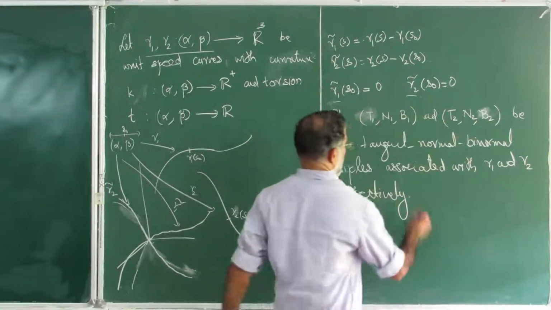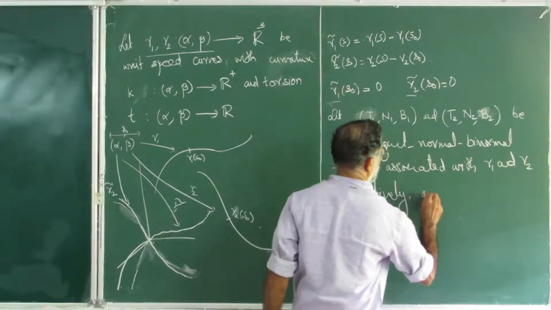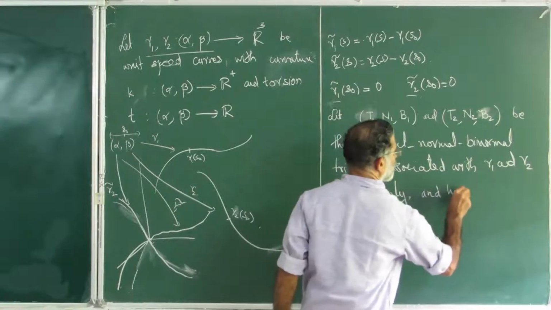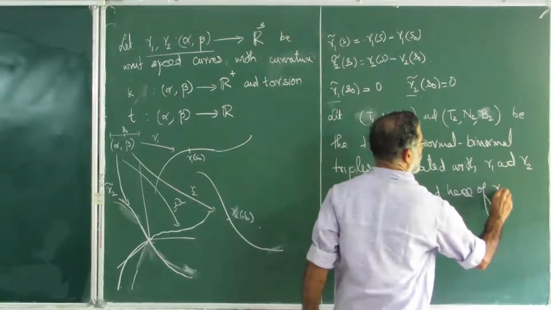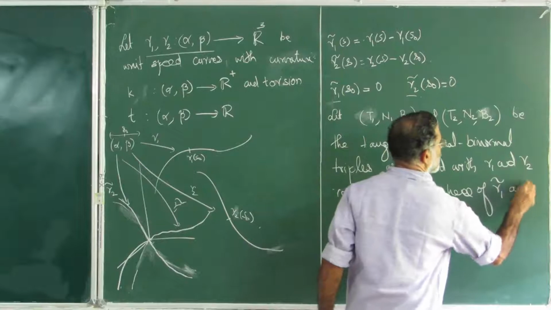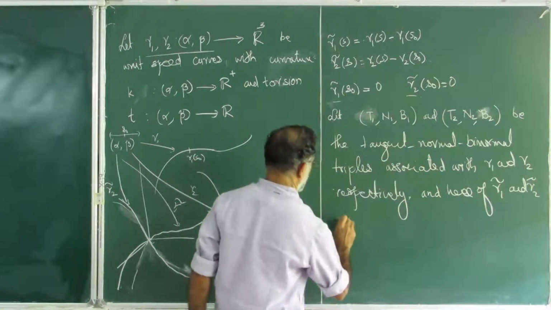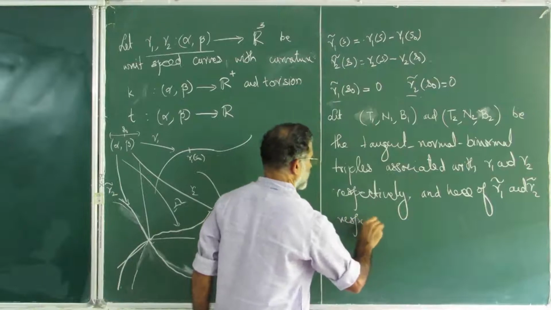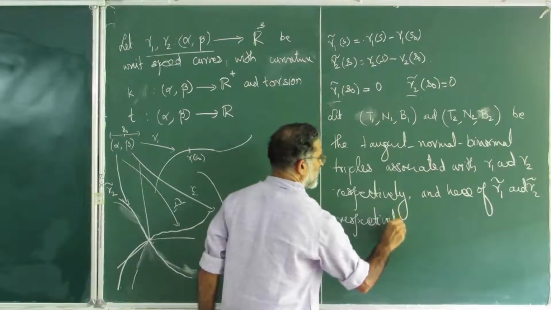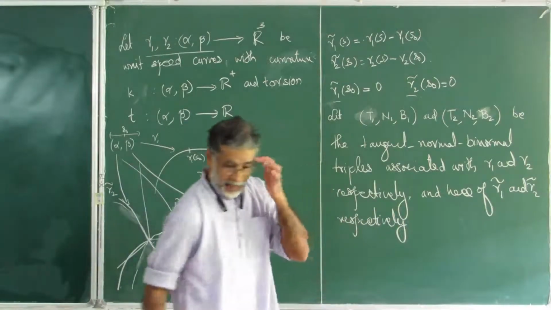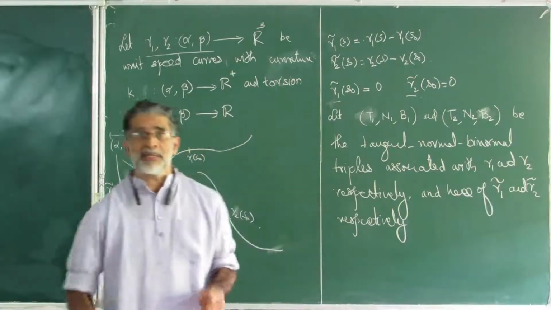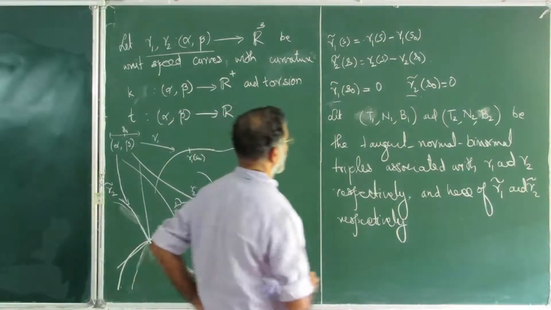Similarly, we can write the same for gamma 1 tilde and gamma 2 tilde respectively, because they are just translates, and the tangent, normal, binormal triple is unchanged by translation.